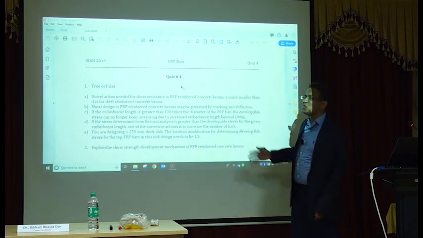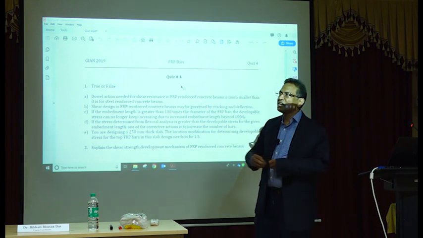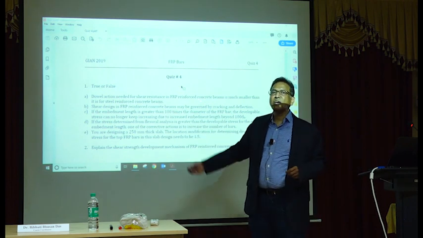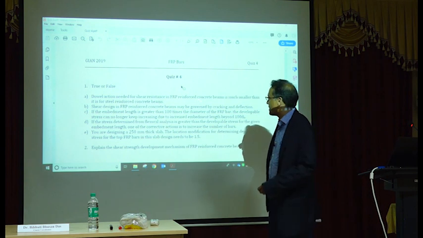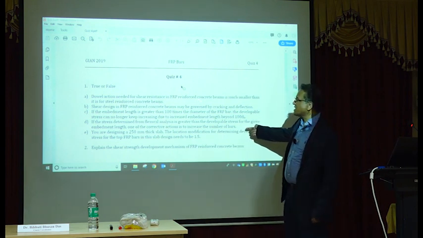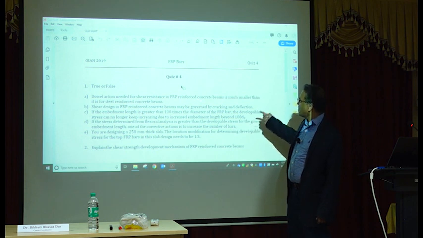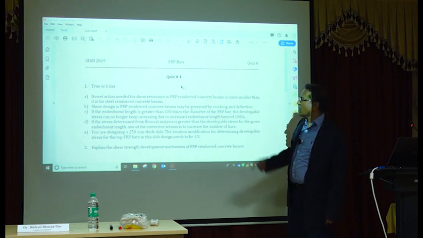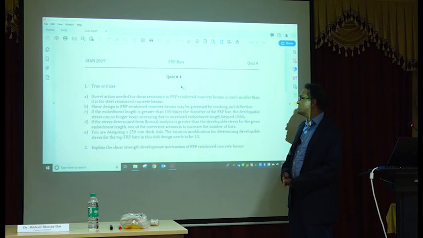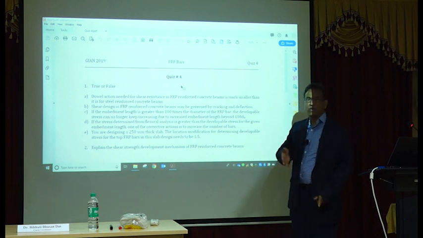That's the reason there is no use increasing the development length beyond 100 times dB. Okay. Then next, if stress determined from flexural analysis is greater than developable stress for the given embedment length, one of the corrective actions is to increase the number of bars, which is yes, we just talked about.